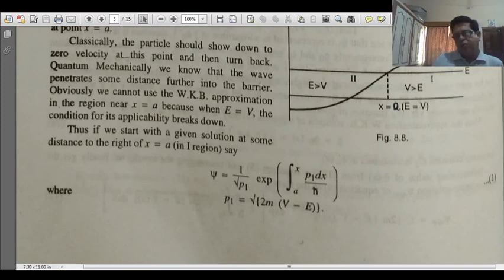The form of the wave function is given by psi equal to 1 upon under root p1 exponential integral a to x p1 dx upon h cut. This is the form of the wave function to the right side of x equal to a, where p1 equal to under root 2m(V minus E).